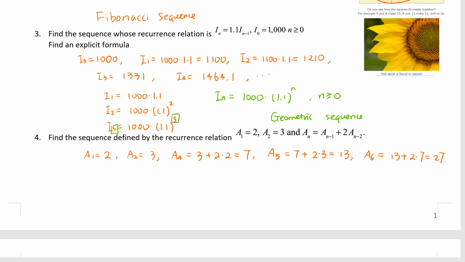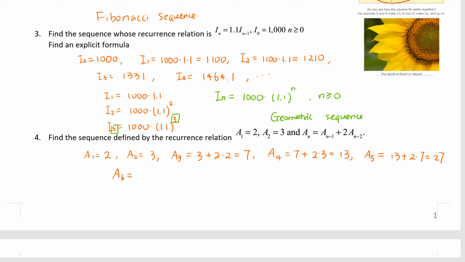Oh, you see what happened? I counted wrong. So A_1, A_2, and then it should be A_3, right? And then it should be A_4. So sometimes it's very important to check our work. Okay, so sometimes we can find our mistakes and fix them.